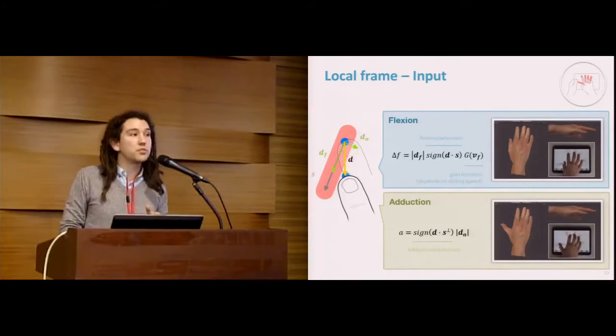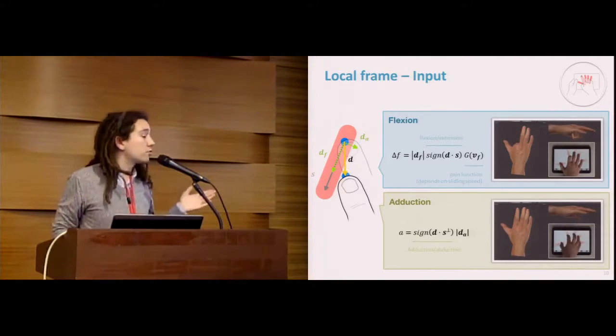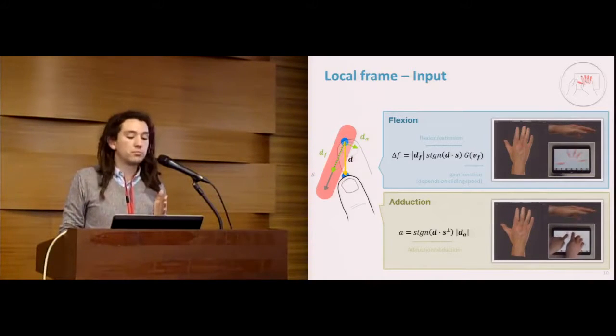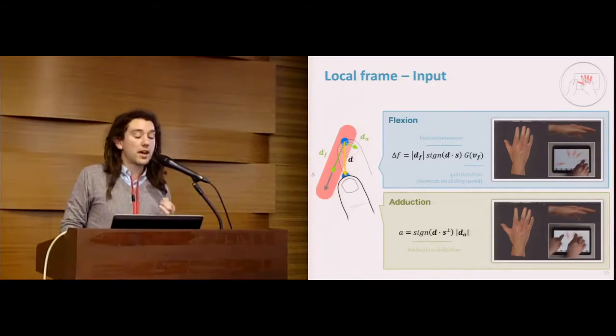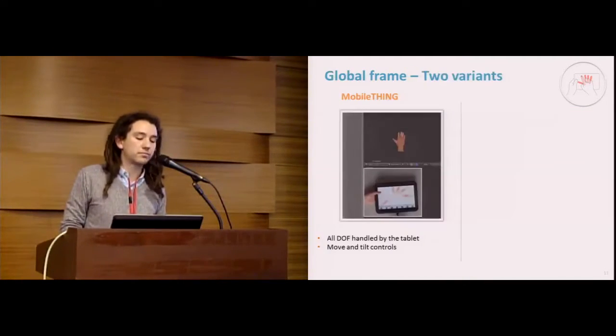In practice, we differentiate between those 2 degrees of freedom by looking at the displacement of the user's finger along different directions. For flexion, without going into too much detail, we simply consider the displacement of the user's finger along the slider. And for adduction, we only look at the displacement of the user's finger laterally to the slider.